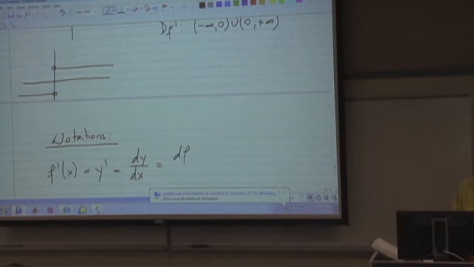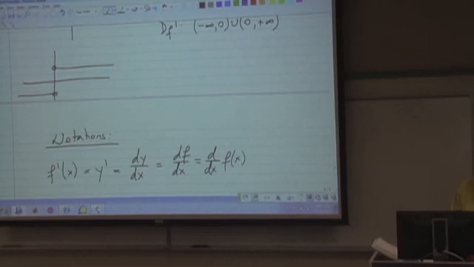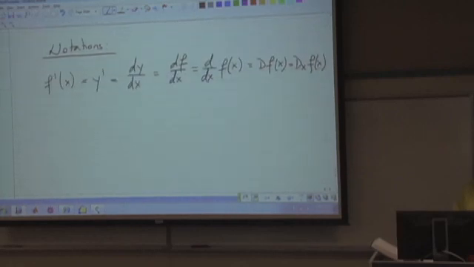We can write it as df over dx. We can write it as d over dx of f of x. We can write it as capital D f of x, or capital D with a little x f of x. Enough definitions? The ones we're going to be currently using are f prime of x, dy over dx, and probably d over dx of f of x.